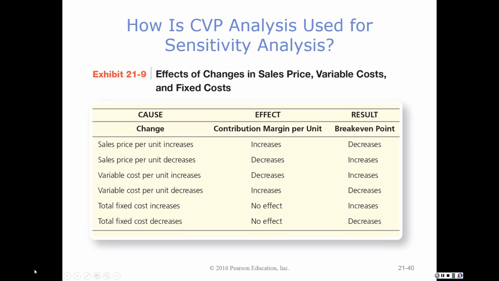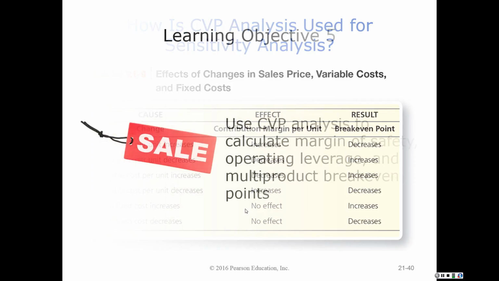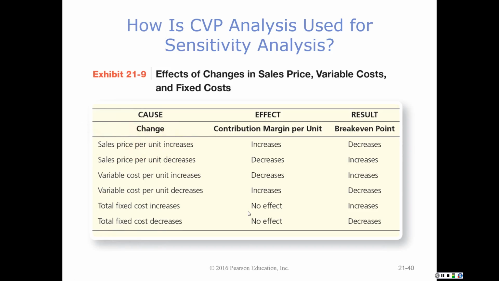But what about our total fixed cost? If the fixed costs do increase, notice, let me back up, notice that it says there's no effect on contribution margin. What? Let's take another look. If fixed costs go up or down, there is no impact on contribution margin. Remember, contribution margin is sales less variable cost.